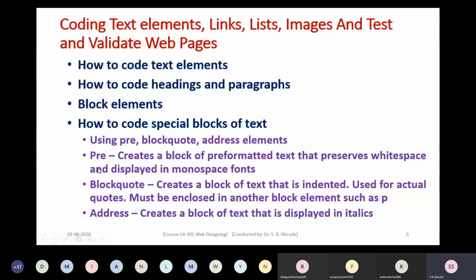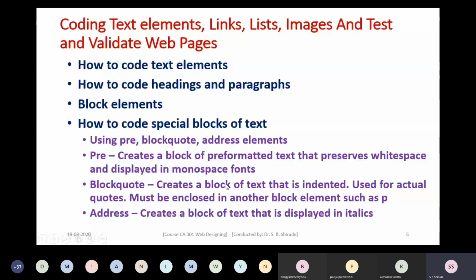Okay. Then there is the block quote. This creates a block of text that is indented. So if you want to indent different lines of text, you can make use of the block quote. And this block quote is used for actual quotes. For example, suppose in a paragraph you are writing a conversation between two persons.